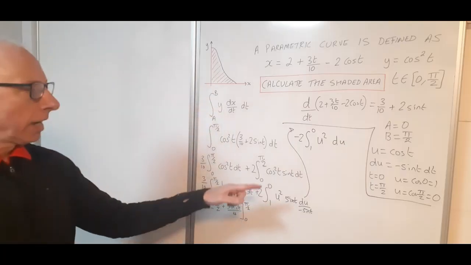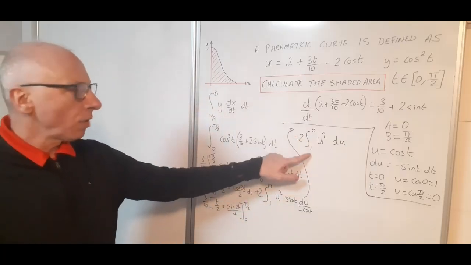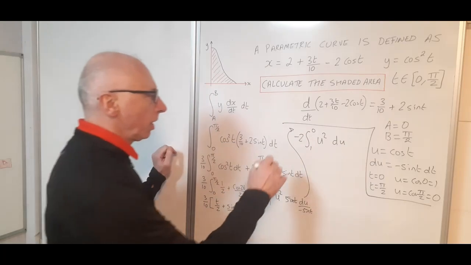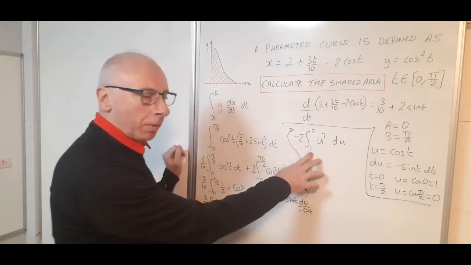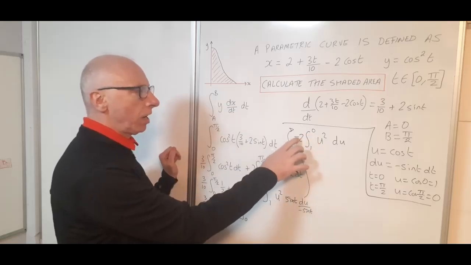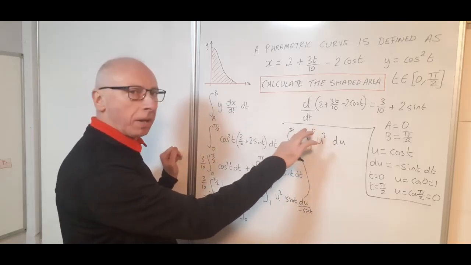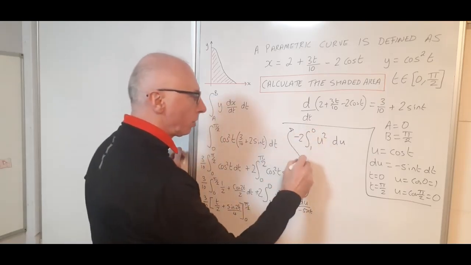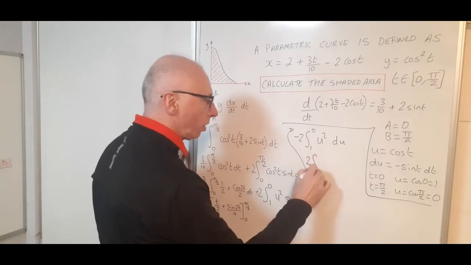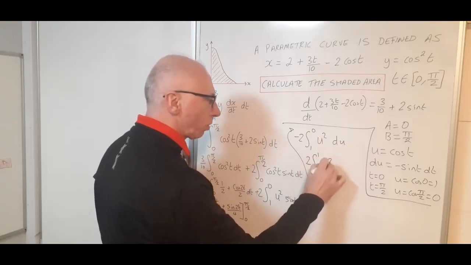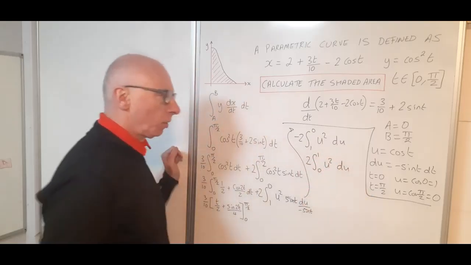Okay, now I can change these parameters round, so I can have that now with this 1 as the lower parameter. I can see it's larger than the 0, but with a minus here, I can introduce the minus, but then flip the parameters. So then I'll lose that minus. So 2 from 0 to 1, u squared du.